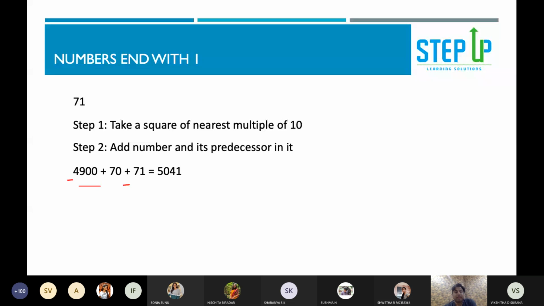Yes, 4900. You just need to add the number and its predecessor to it. 70 and 71. The answer comes out to be 5041. If I need to find the square of 51, I first find the square of 50 and add 50 and 51 to it. So 2500 plus 101 comes out to be 2601.